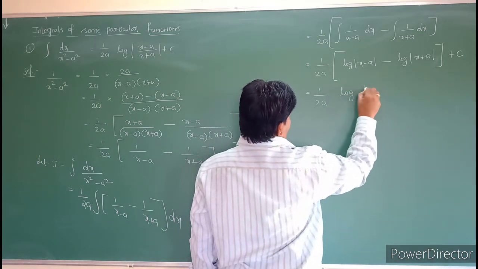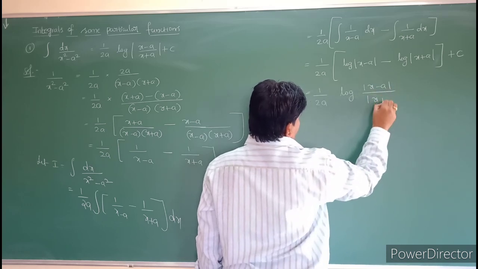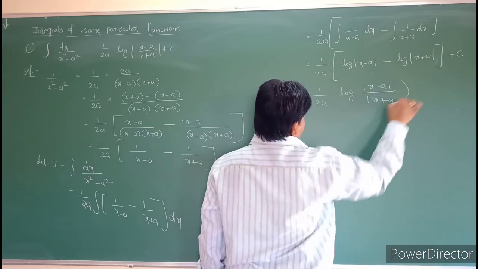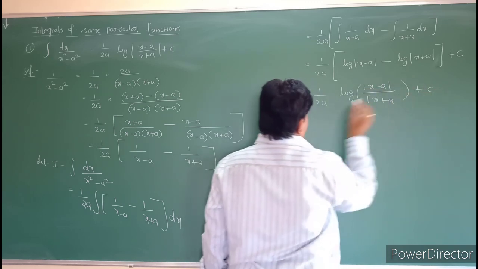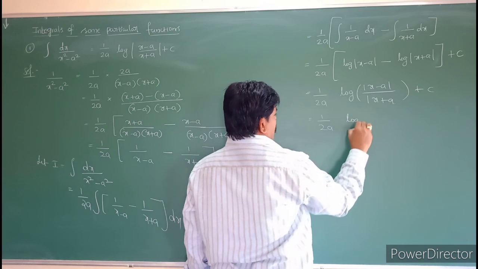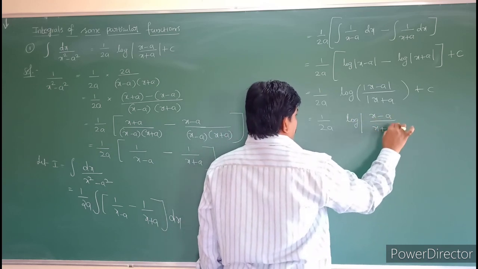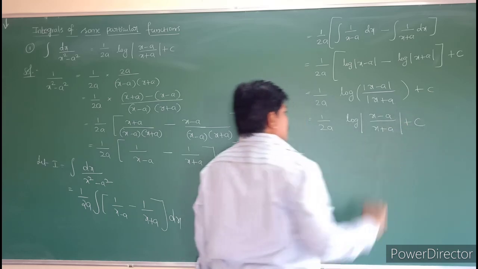That is nothing but mod x minus a by mod x plus a plus c. You can write as 1 by 2a log of mod x minus a by x plus a plus c.